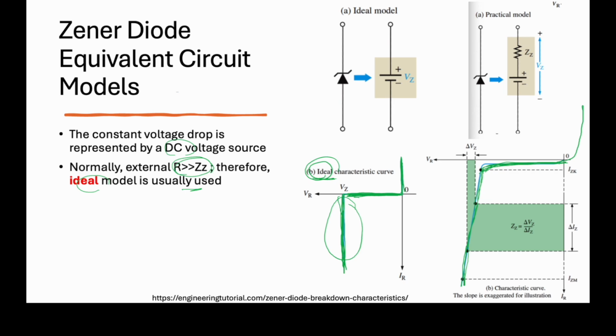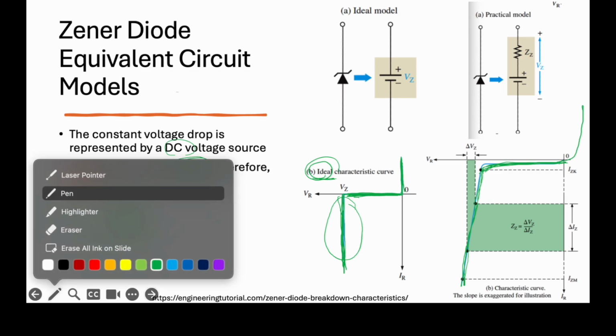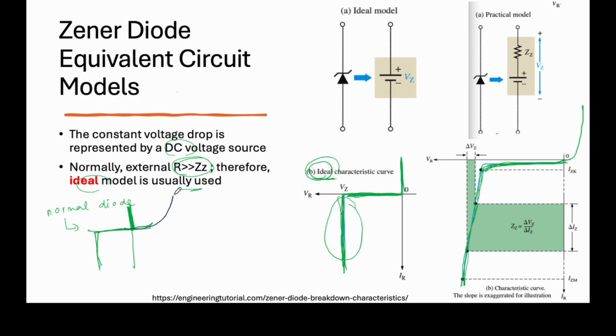Same goes with the normal diode. I think I haven't discussed the ideal characteristic of the normal diode yet. At the ideal characteristic, the diode works like this. It is not like what we have discussed so far, where it has the knee.